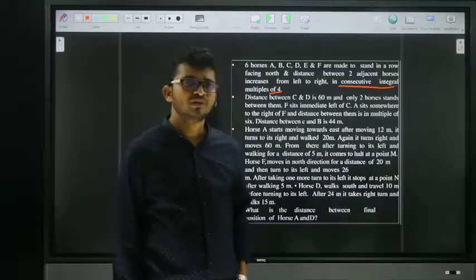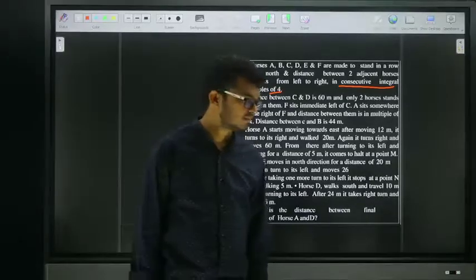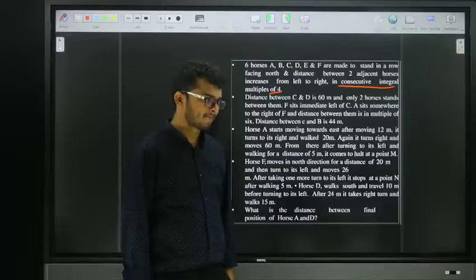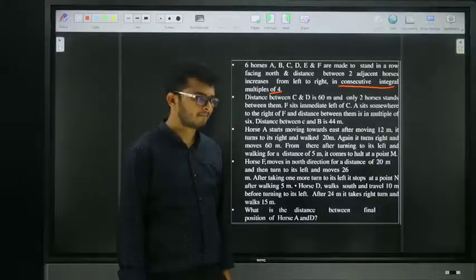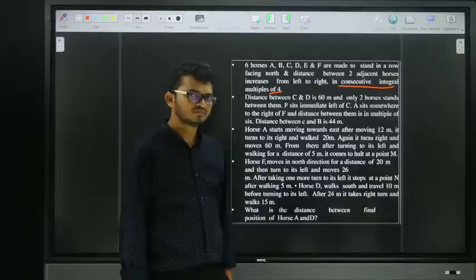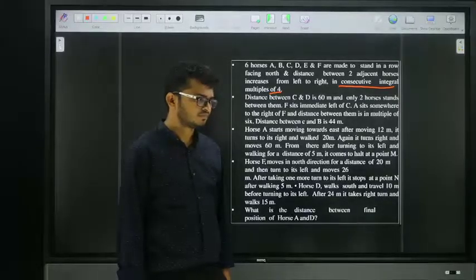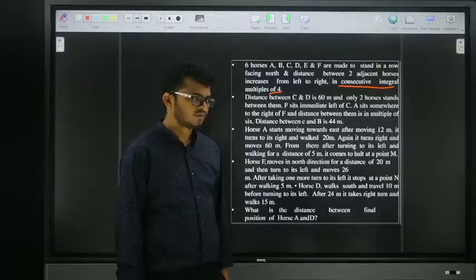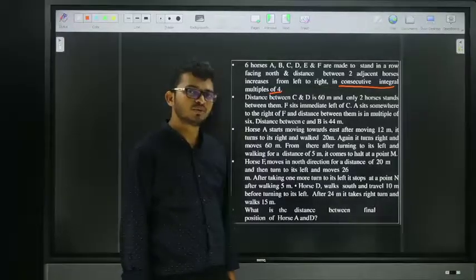Shall I explain or will you try? Yes or no? If you solve it yourself, you are able to get 5 marks.